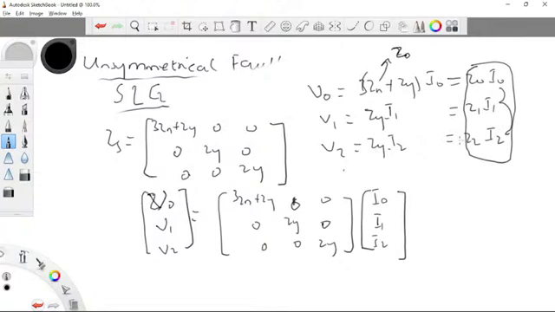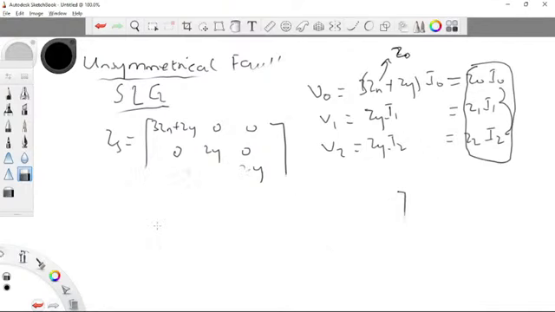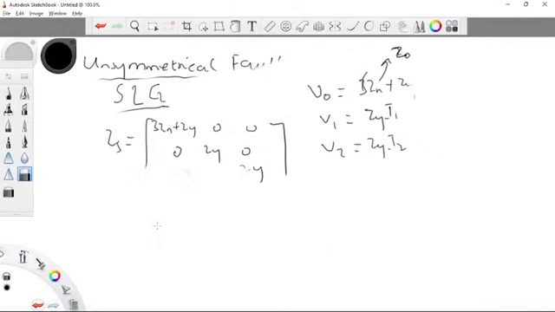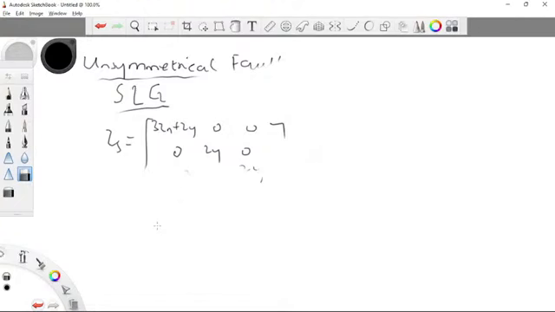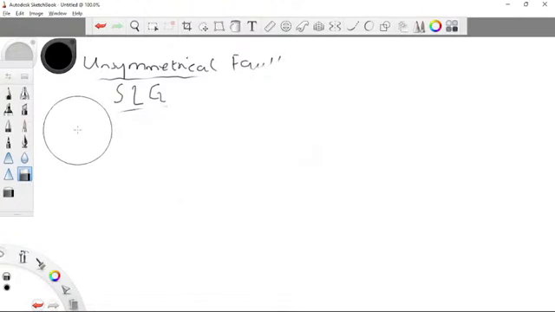So in symmetrical faults, we say that the symmetrical component circuits are decoupled, because all three components are independent of each other. However, when there's an unsymmetrical fault, then there's a certain connection between the components.